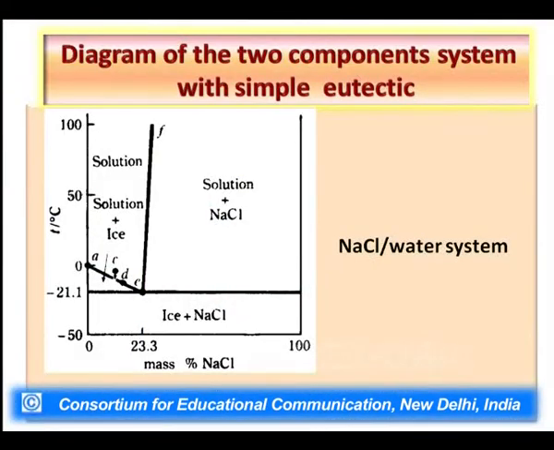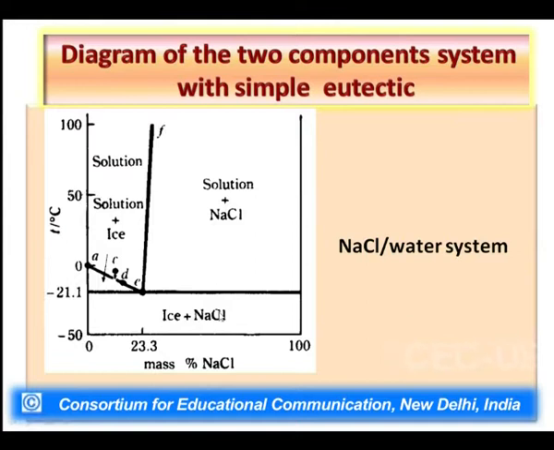Before we take these observations, let us first look at the phase diagram of water and sodium chloride. You see, water has melting point 0 degree Celsius. So, you can see on the water axis the melting point has been placed at this point A, which is 0 degree Celsius.